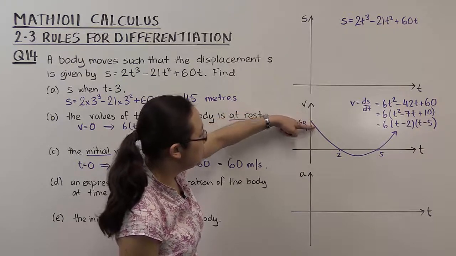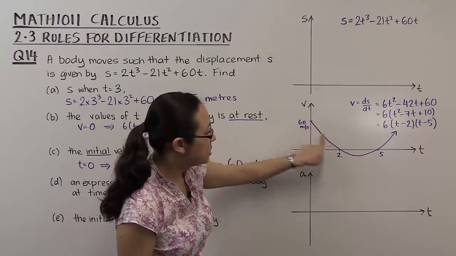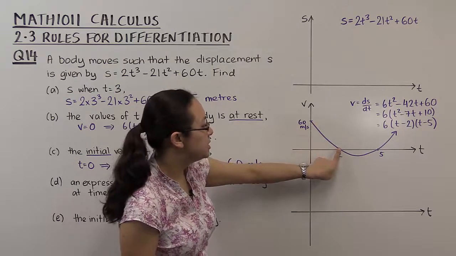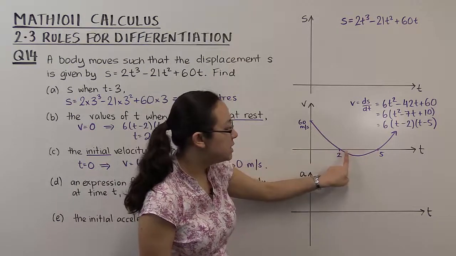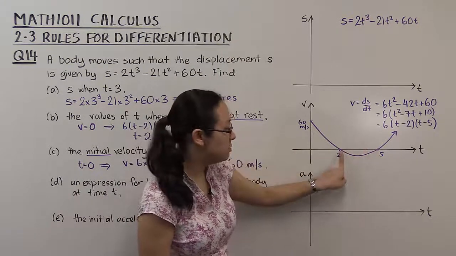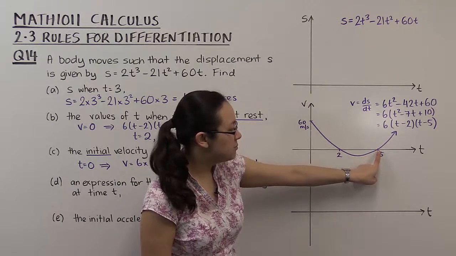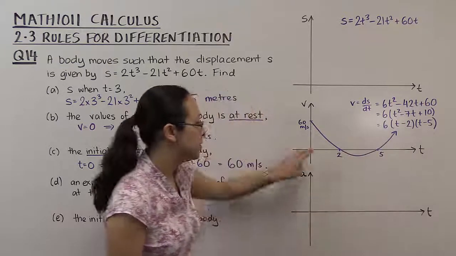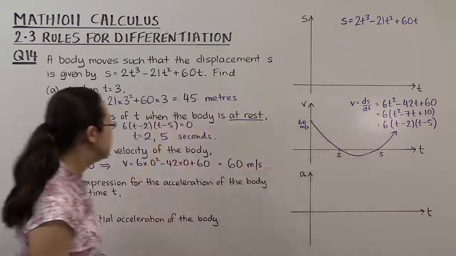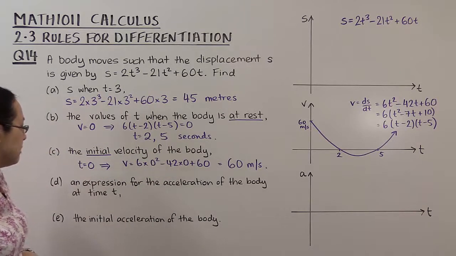The velocity is decreasing to 0 here. It's at rest. The velocity is still positive up here, but it's just decreasing to 0, so it's still moving to the right. Then under here the velocity is negative, so it's stopped and turned around here, moving in a negative direction. It's at rest at 5, and it's turned around and then started to move in a positive direction. So we want to be able to interpret graphs like this, and these part B and part C make sense according to that graph there.